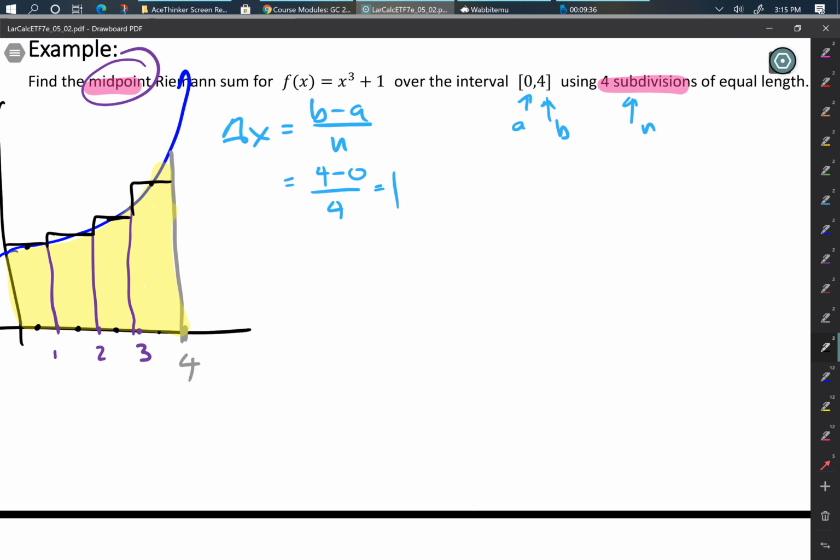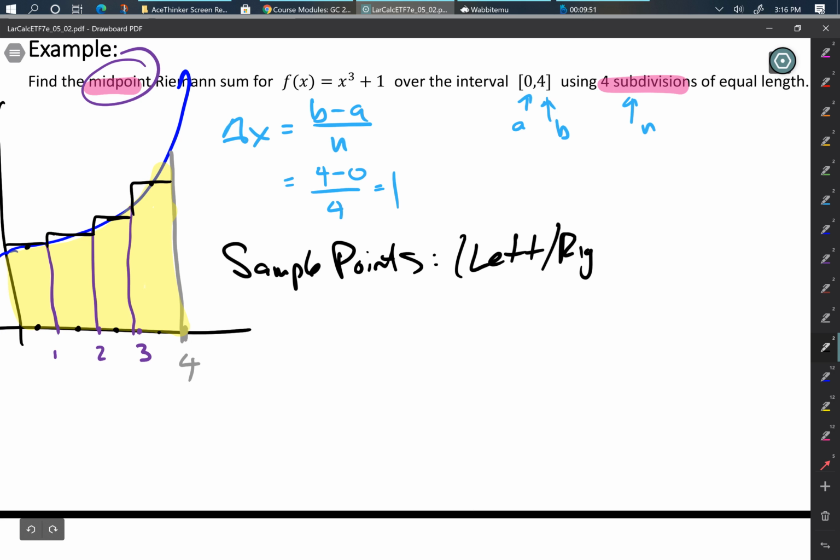And now I'm going to toss another phrase at you. Sample points. Sample points is the fancy name for whether you're using left, right, or midpoint. And we have formulas.